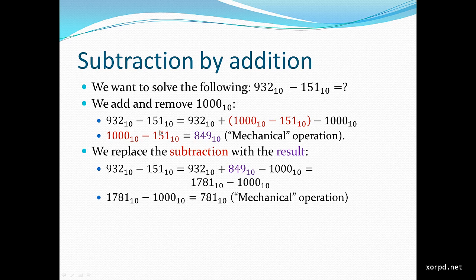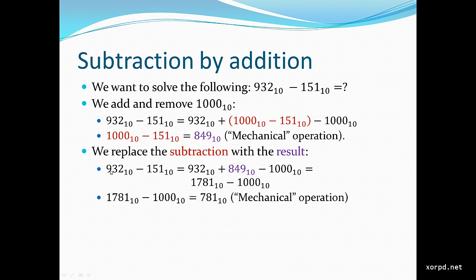So we have this result, the one in purple, and we are going to replace it in the original equation here. We are going to replace this part inside the braces with 849. And we get this.